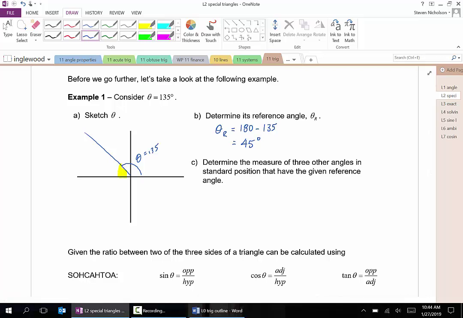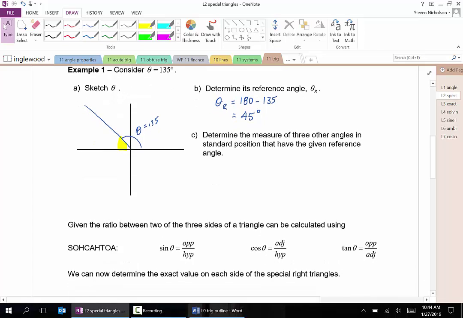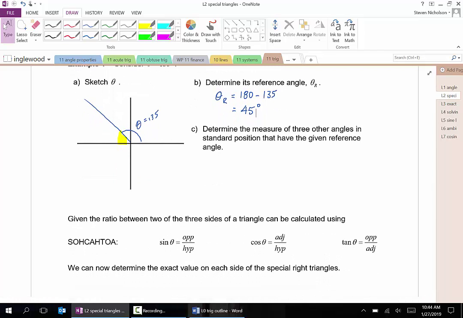So the next thing I want us to be able to do, as we did last class, is to make this reference angle in the three other quadrants. So part C is determine the measure of three other angles in standard position that have a reference angle of 45 degrees. So I'm just going to do these as dashed lines.